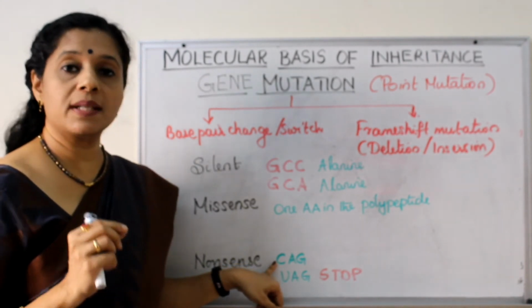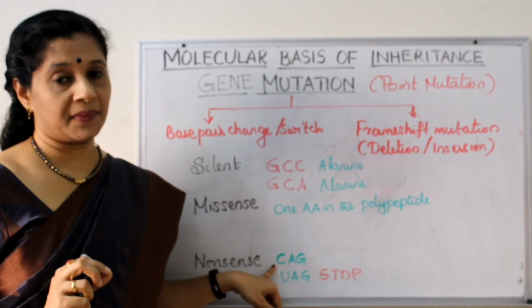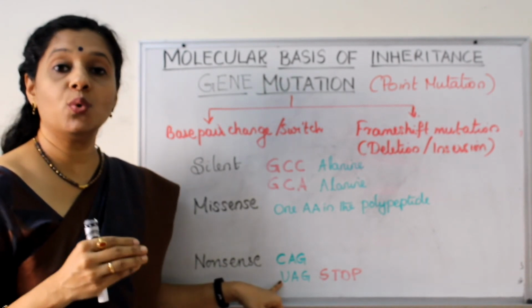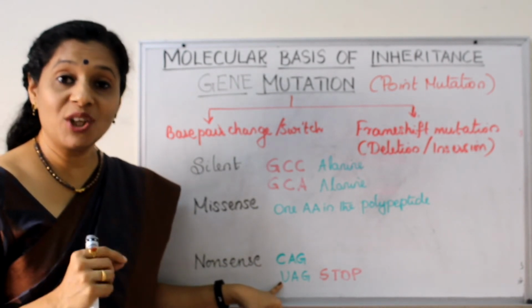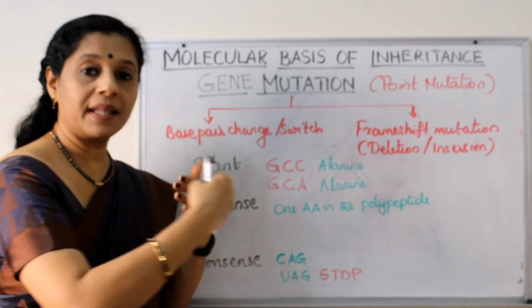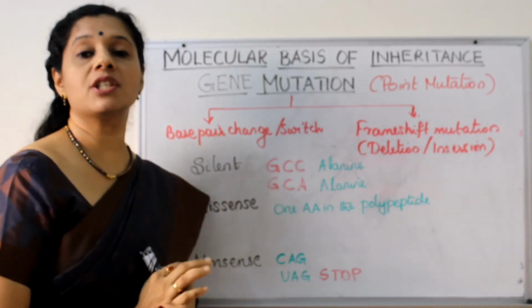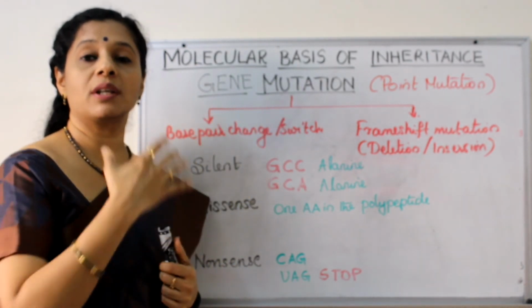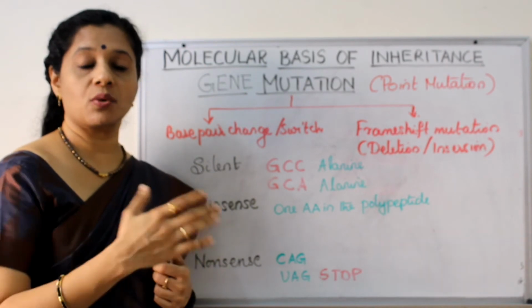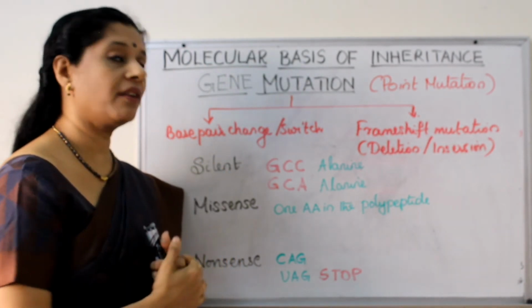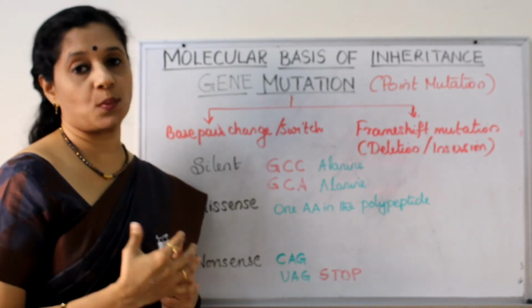Suppose the original sequence was CAG, but due to mutation, it became UAG. We know UAG is a stop codon. Now translation, or protein synthesis, will stop. It will not continue, so the protein is not complete. Right? So these are the different effects of the base pair change or switch.